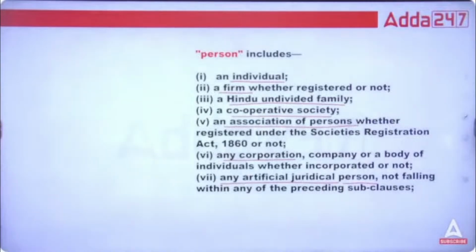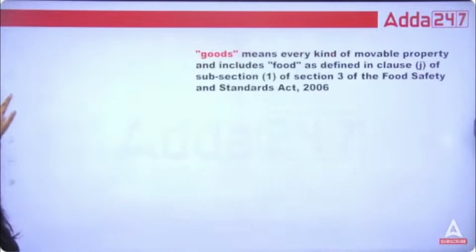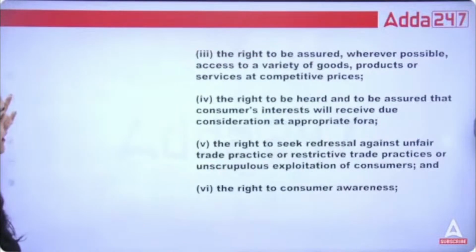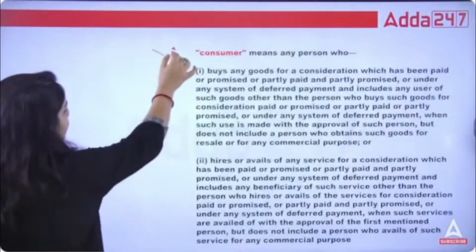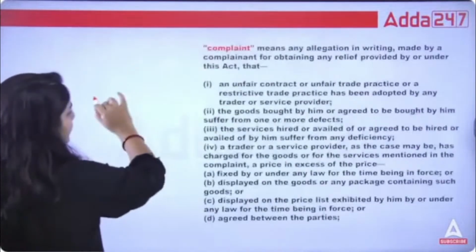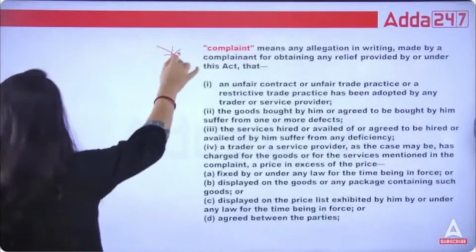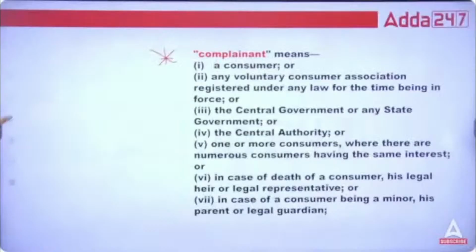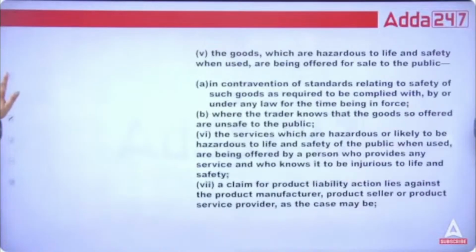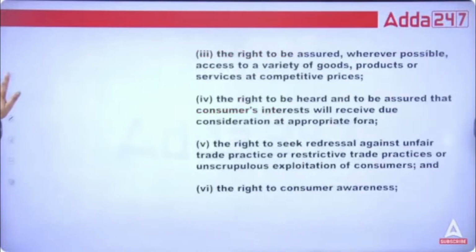Whatever definitions are important, I have already highlighted for you: consumer rights, definition of consumer, what is complaint, what is complainant, that's it. So these are your important points that can come in the form of questions.